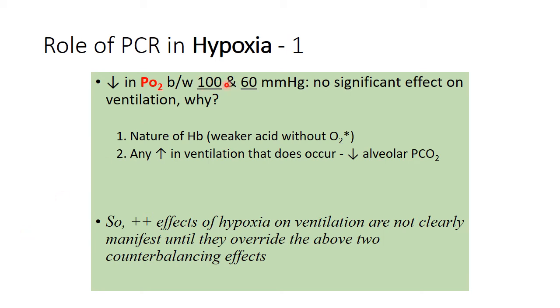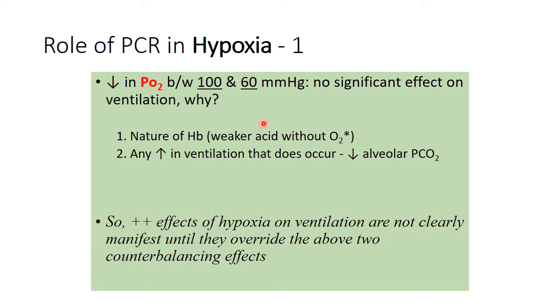So here you have a blood which, although it is deficient in oxygen and is supposed to stimulate the peripheral chemoreceptors, and which it does actually, but because the hydrogen ion concentration at the same time is less than normal blood, whatever little stimulation this hypoxic blood would have had on peripheral chemoreceptors is neutralized by the lesser number of hydrogen ions in this blood.